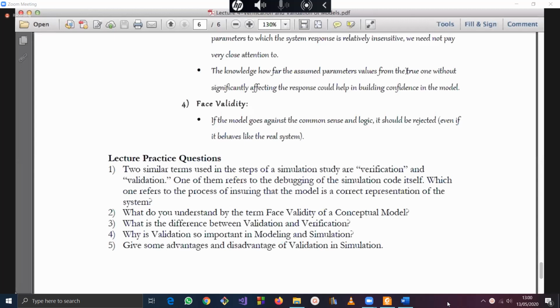Okay, no problem. I've also shared the slide on face validity, which tests the model against common sense and logic. I hope you won't mind if I come back after a minute.